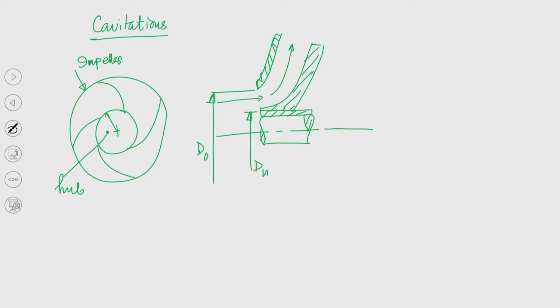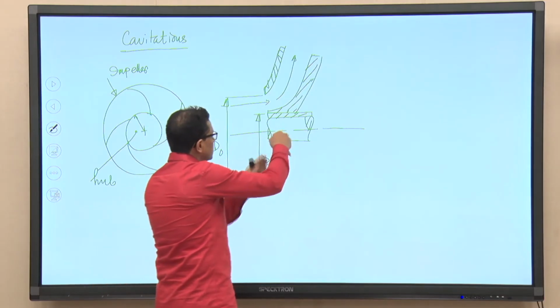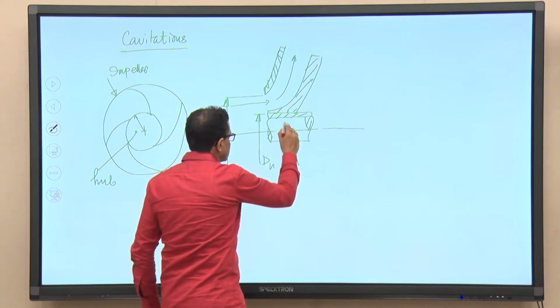What we can see from this schematic is that these blades plus hub, that is the impeller, is mounted on a shaft. So, this is the shaft.